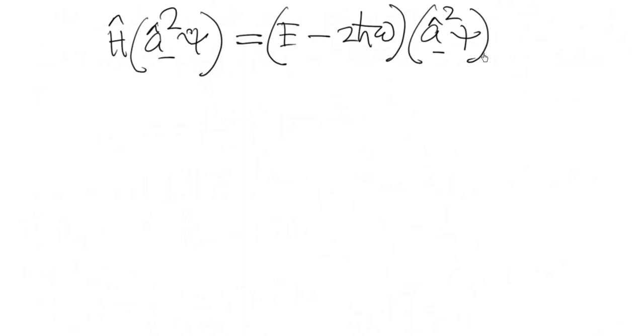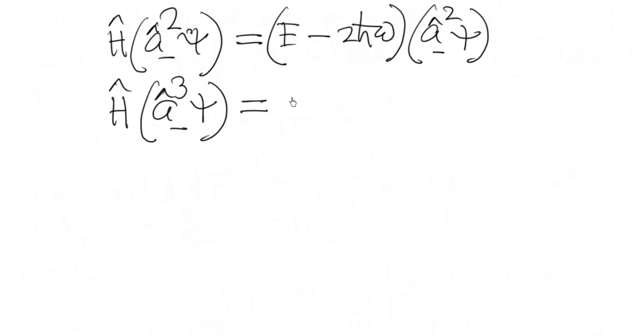Okay, that means if you have this A minus square psi, then you will have E minus 2 h cut omega, A minus square psi. If it is cube, then 3 h cut omega will be subtracted from E, the energy.